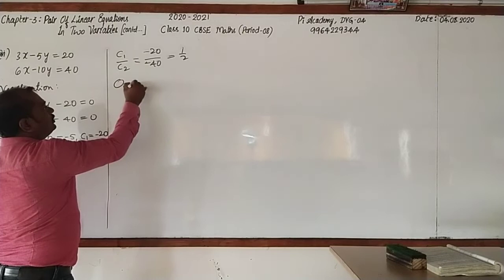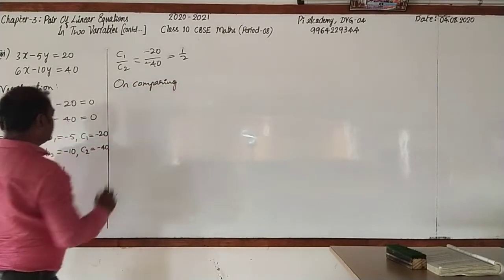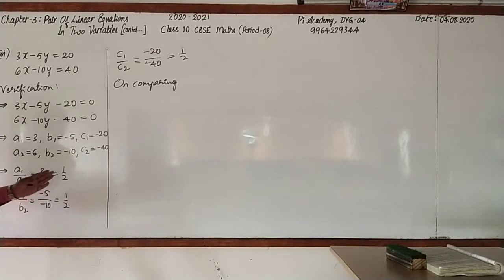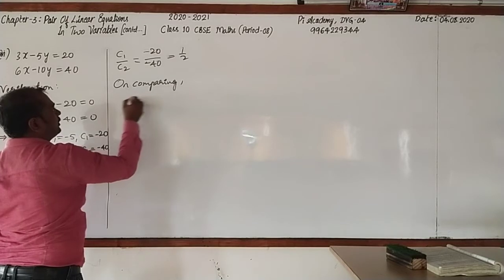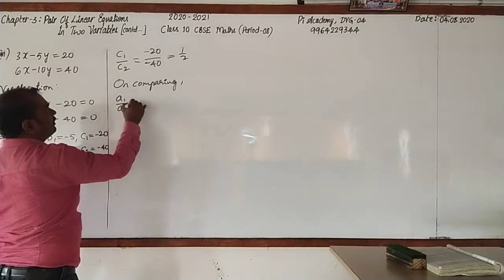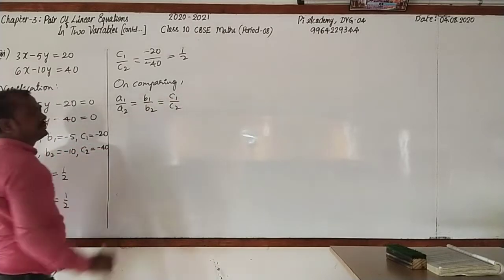Then you go for comparing. On comparing all the three ratios: first ratio 1 by 2, second ratio 1 by 2, third ratio is also 1 by 2. Hence we can write a1 by a2 is equal to b1 by b2 is equal to c1 by c2.